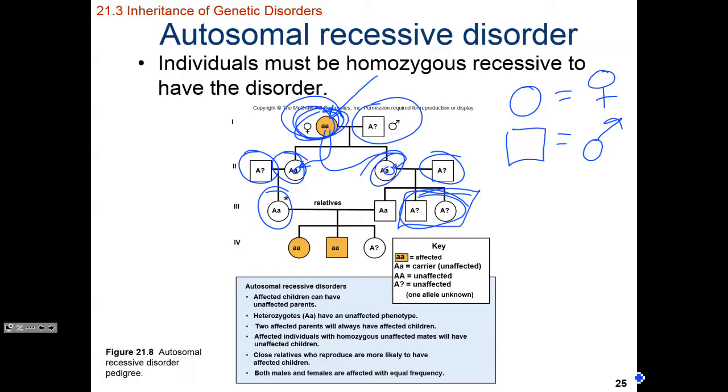So because cousin A and cousin B, so this young lady and this young man, they decided to have an incestuous relationship. They reproduced. They had 3 kids. And 2 of them expressed the recessive disease trait that their great-grandmother had.